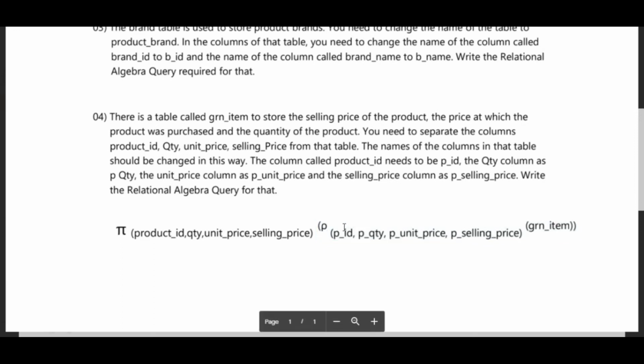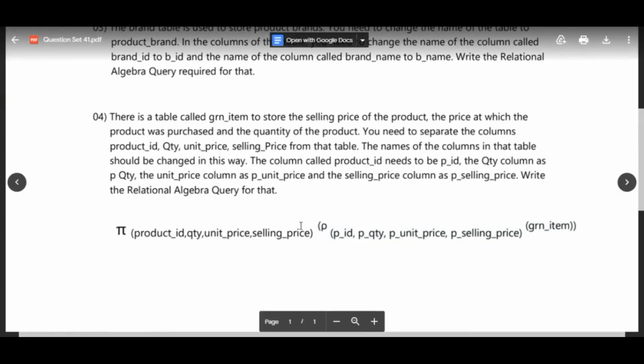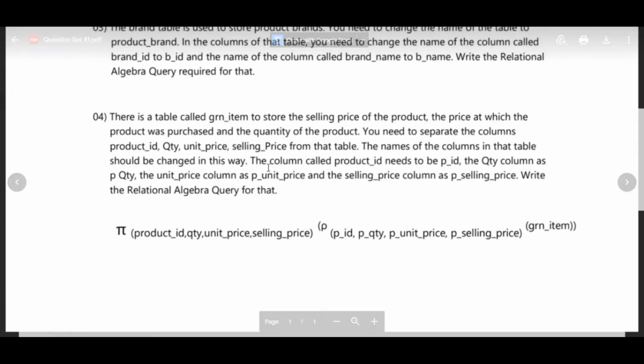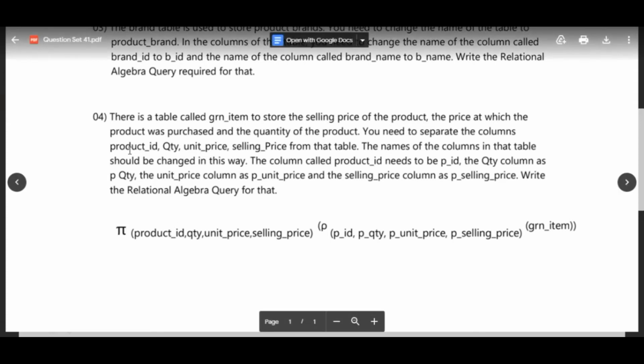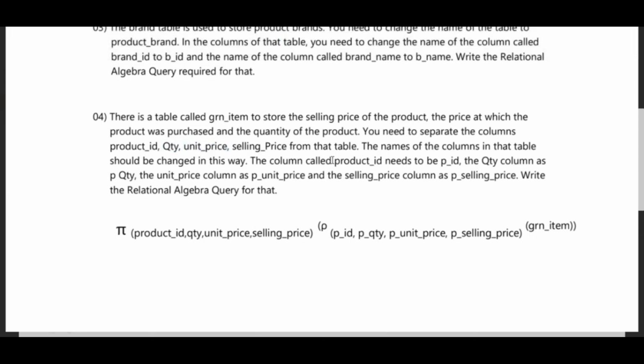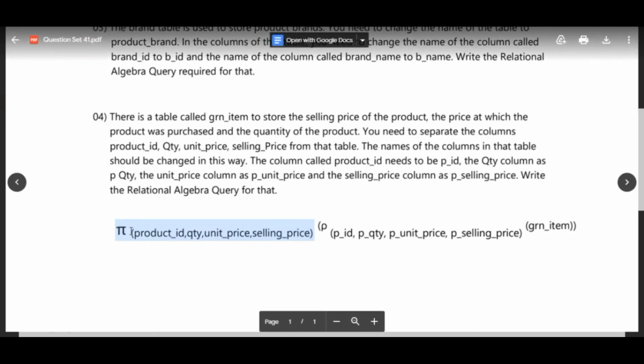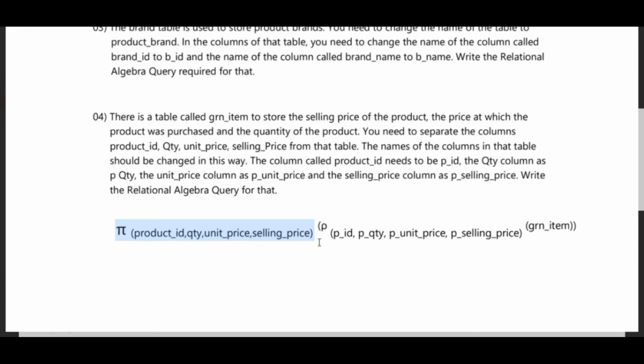So this is the answer, you guys can see. Let me explain it. First of all, they're asking to separate the columns, filtering out the columns. So we need the product ID column, quantity, unit price, selling price. That's what they have done here. So use the projection operation here.